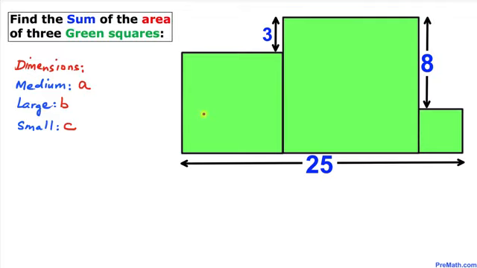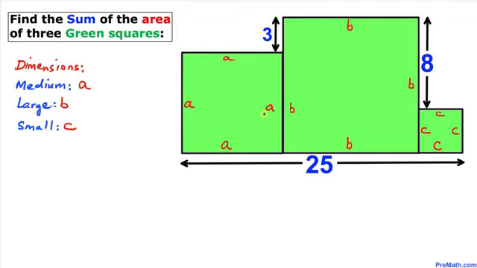And here's the very first step. Let's go ahead and label the dimensions of these squares. I'm going to label this medium square with side length A, for this large one the side length B, and for this small square I'm going to put C as the side length.